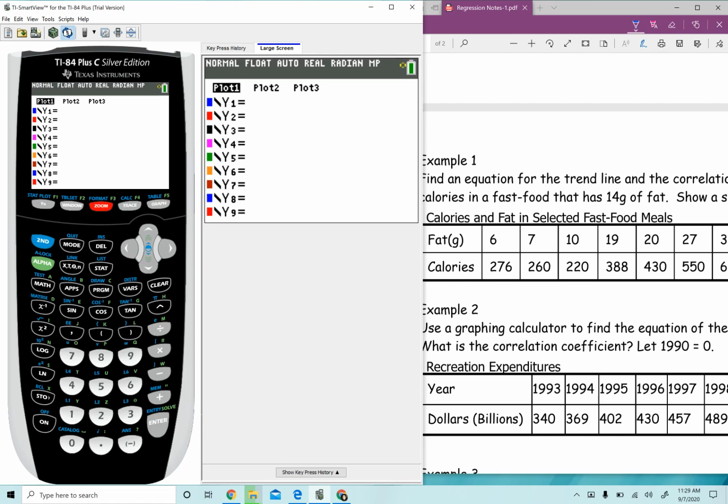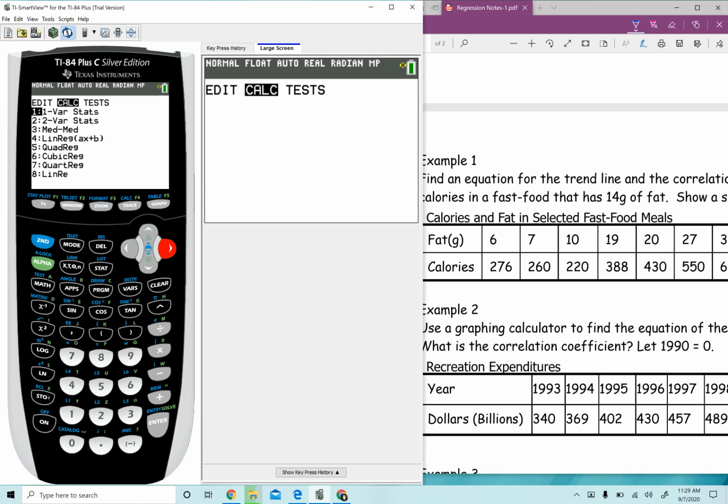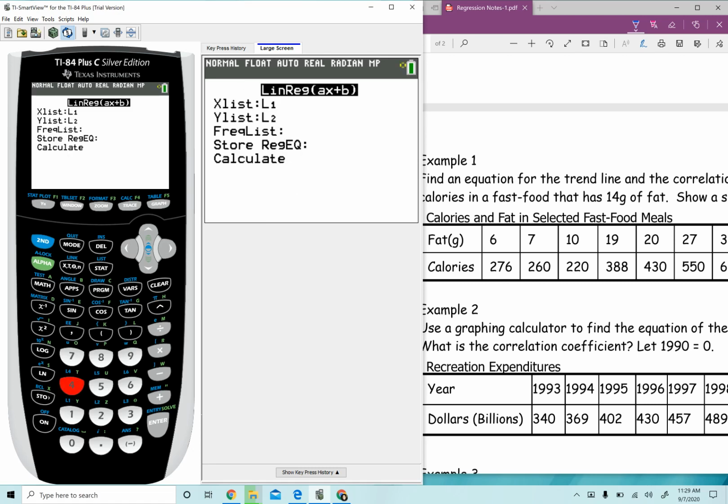Looking at the data would tell us what kind of equation this is. Well, this sort of appears to be linear. And so we would do stat calc number 4. And right here, we would put alpha trace in the store reg EQ.